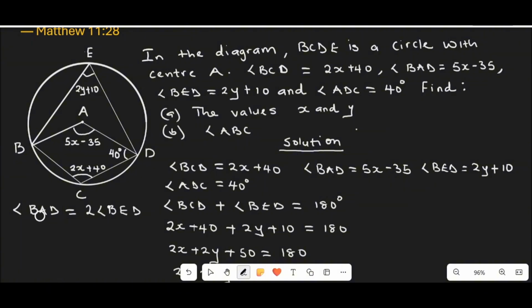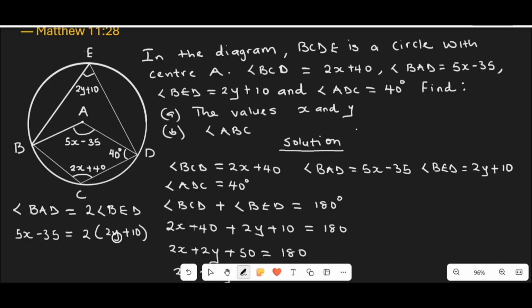So our angle BAD is 5x minus 35 and angle BED is 2y plus 10. So let us substitute them into this equation. 5x minus 35 equals 2 bracket 2y plus 10.